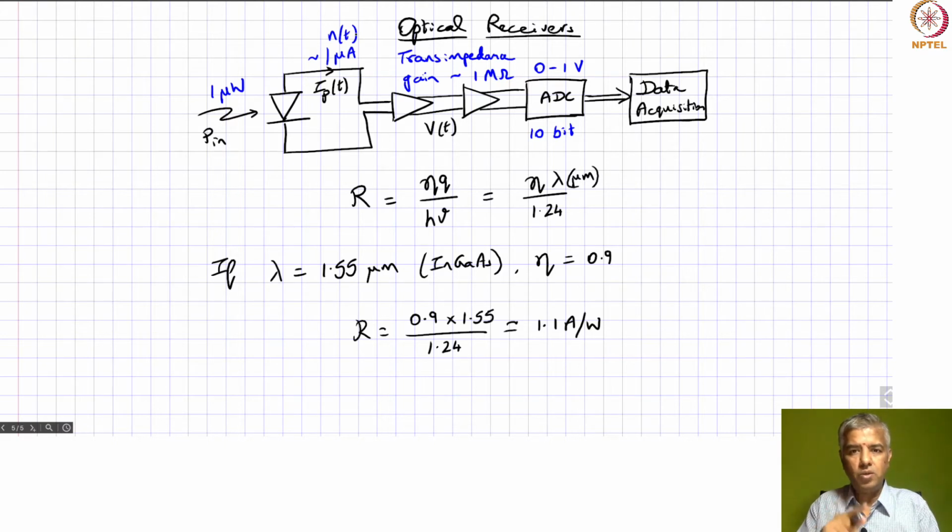The signal to noise ratio in your receiver is going to be highest at the front end. It cannot improve as you go further down the receiver. Okay, there is a misconception that, oh, I can put amplifiers and I can improve the signal to noise ratio. No, that's not what's happening.